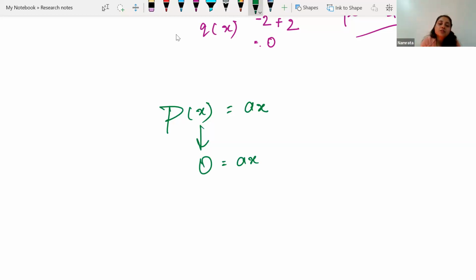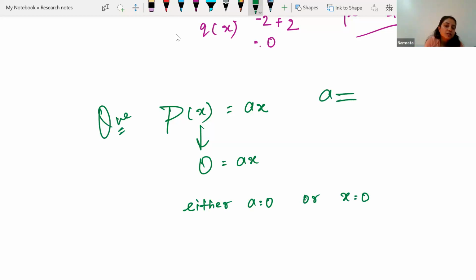So if we solve it, ax is equals to 0. This signifies that either a is 0 or x is 0. Here in the question one more condition is given, that a is not 0. So if a is not 0, which is given in the question itself, this is invalid. X is 0, that is the 0 of the polynomial.